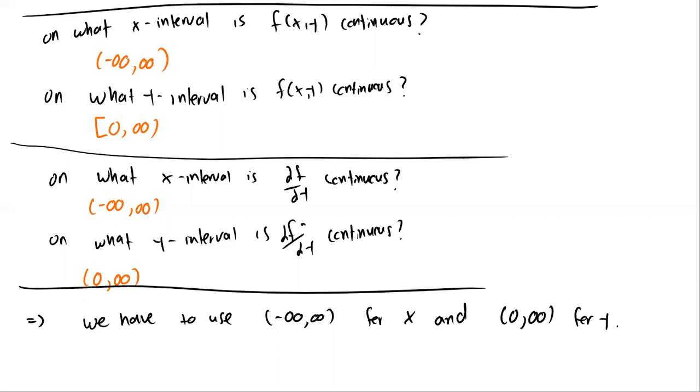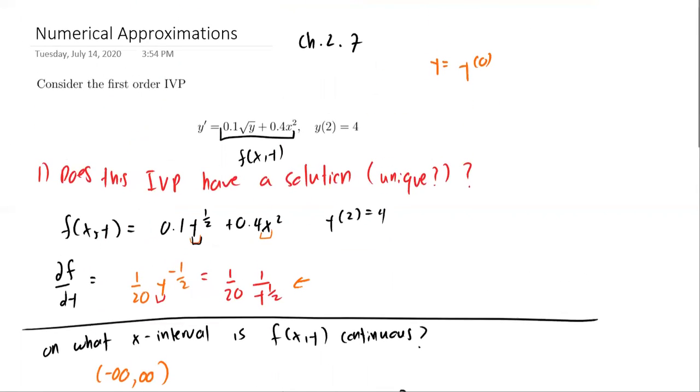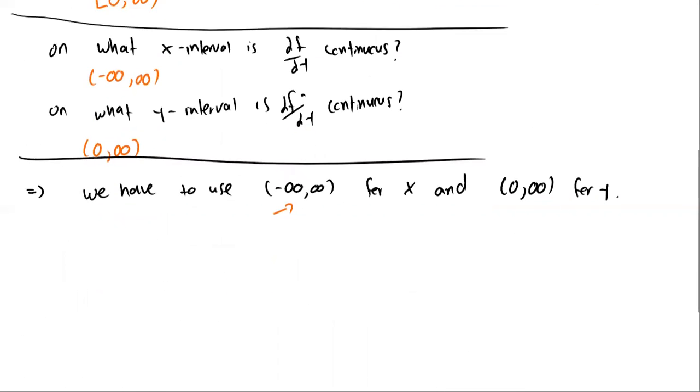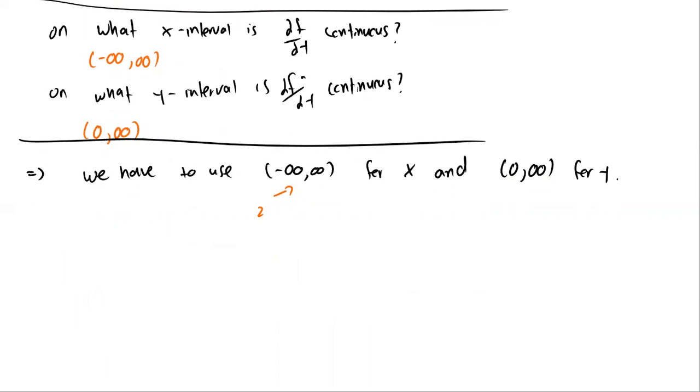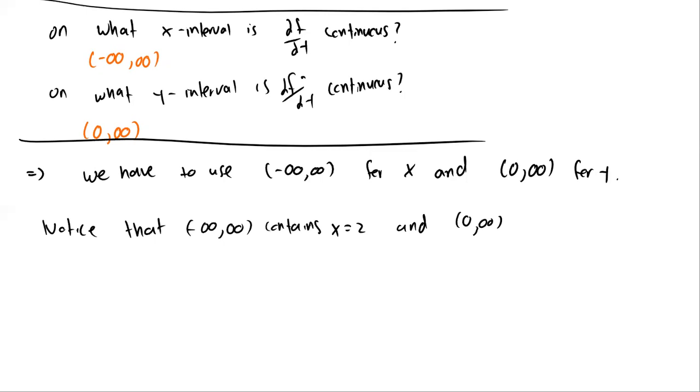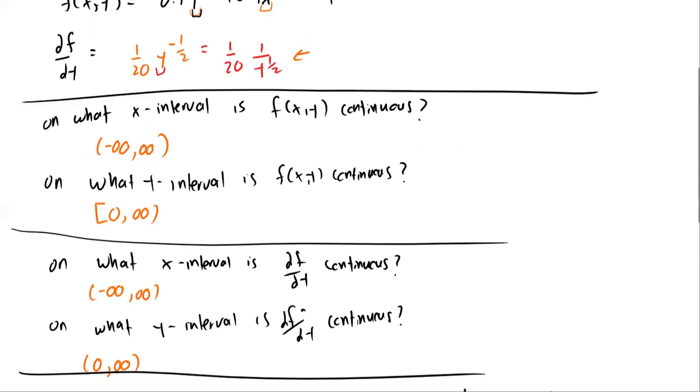Now notice that this interval contains the x value of the initial condition, which is 2. Actually, let me just write it out completely. Notice that negative infinity to infinity contains x equals 2, and 0 to infinity, and I think this is 4, right, for y.